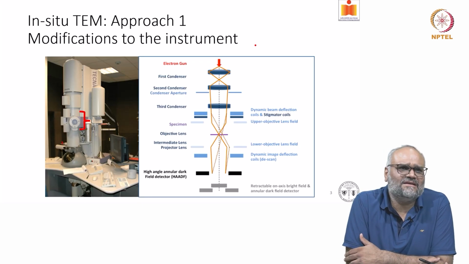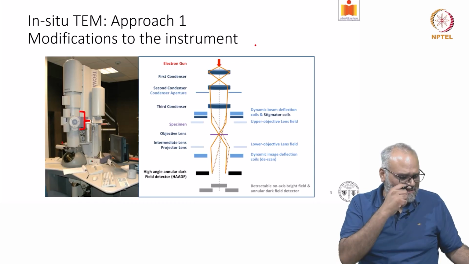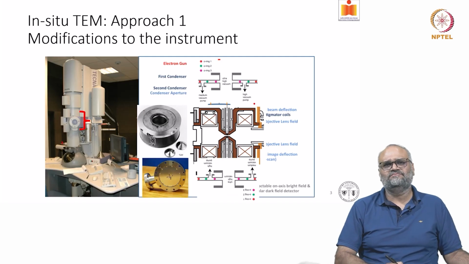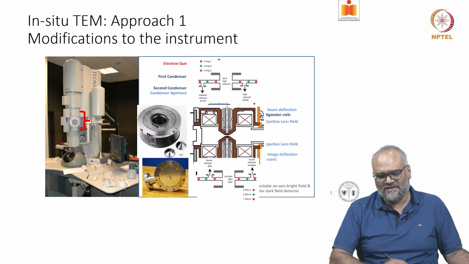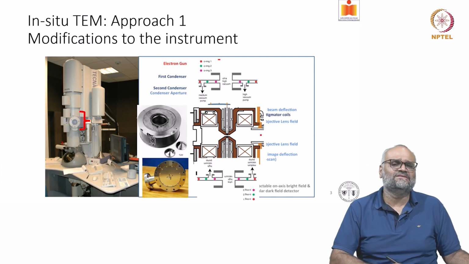that in the electron microscope, the specimen goes in the objective lens area, and if you can isolate this particular region by using differential pumping apertures around the objective lens, so this is how a differential pumping aperture looks like. You can introduce a gas around the specimen and you can heat the specimen and you can see some kind of reactions that happen.